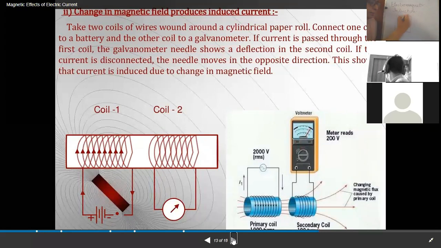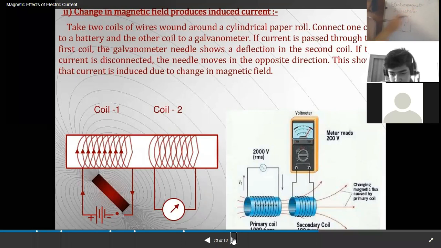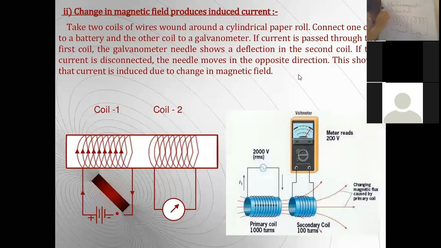Nearby to it, there is one more coil, which is connected with the galvanometer. I hope I am clear with this experimental setup: on a cardboard, we have wound two coils. Coil number 1 is connected with the battery, whereas coil number 2 is connected with the galvanometer.